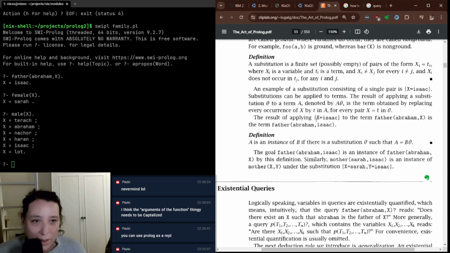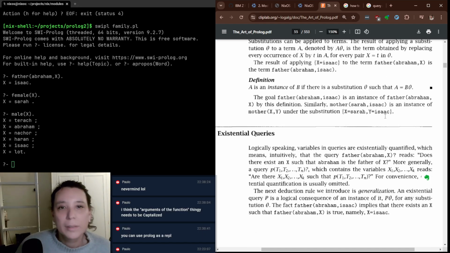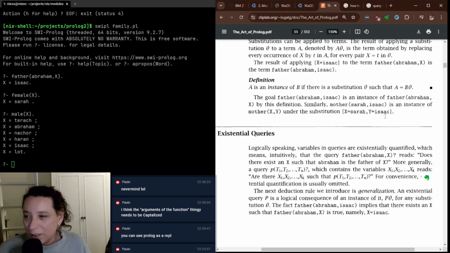So here it's basically saying, is there any substitution that can turn B into A? Right, so that's basically trying to say, is there a solution for this question?